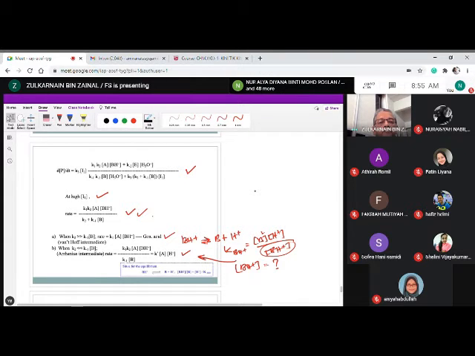So you go to show from here to here, how you can get.